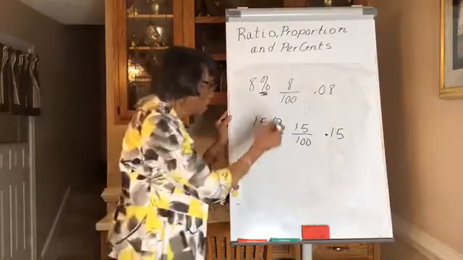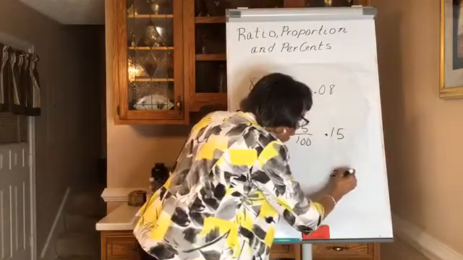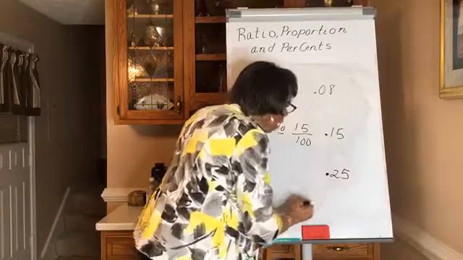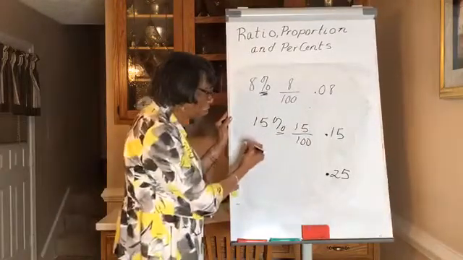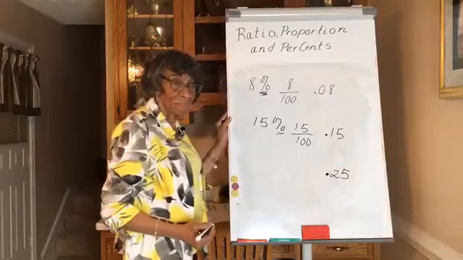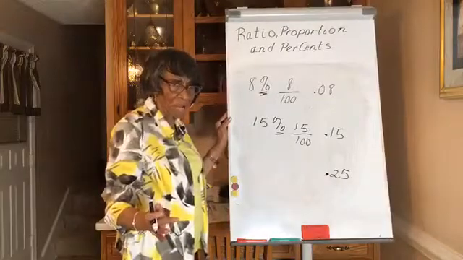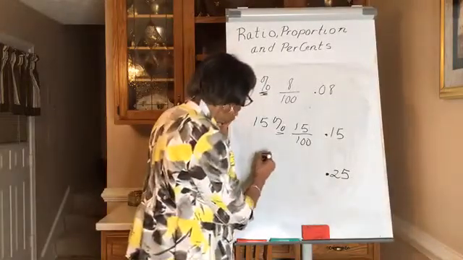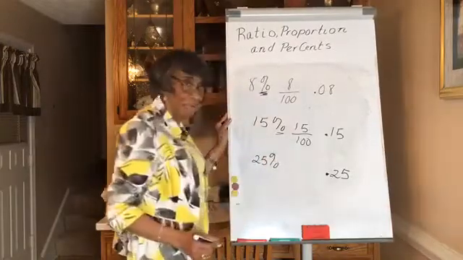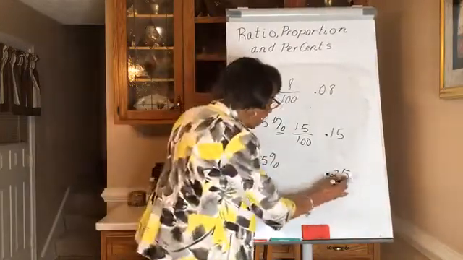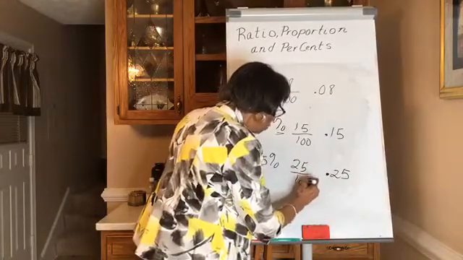All right, suppose I gave you this. How would you write that? As a fraction and a percent. All right, this says 25 hundredths, and we have said that percent means hundredths. So that means it's 25%. And how would we write it as a fraction? 25 hundredths is 25 over 100.